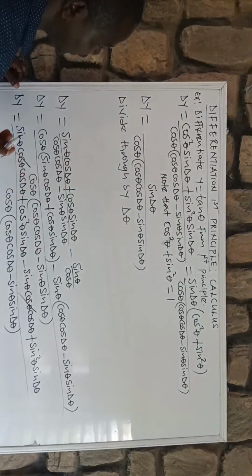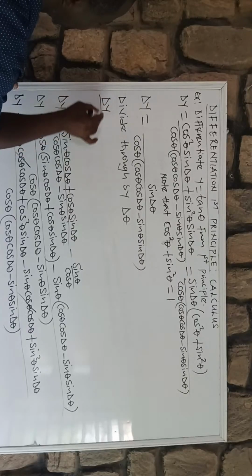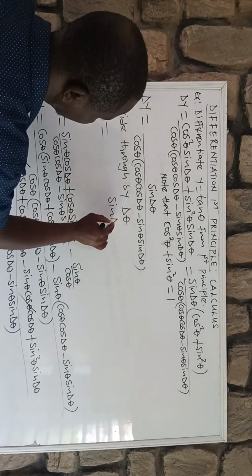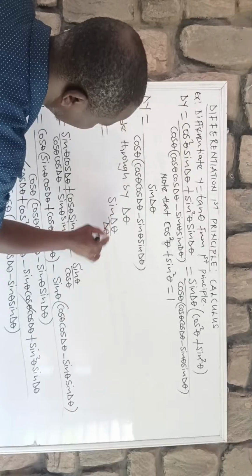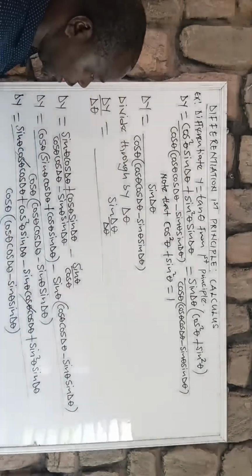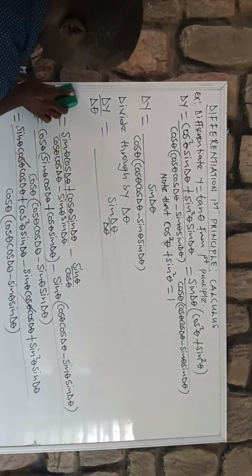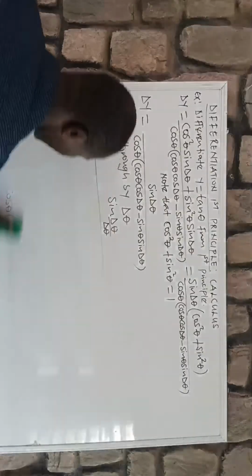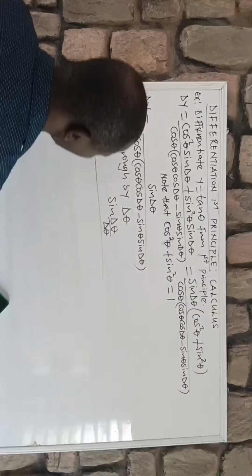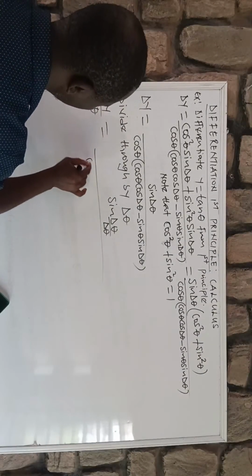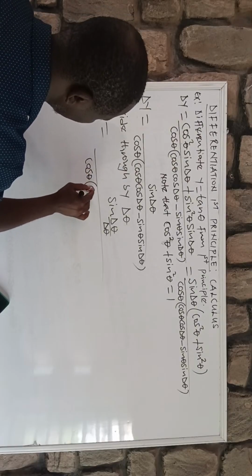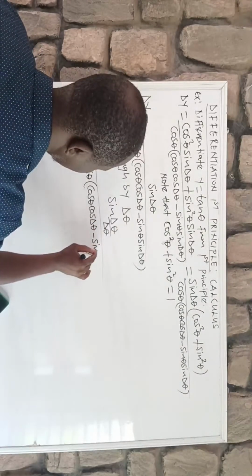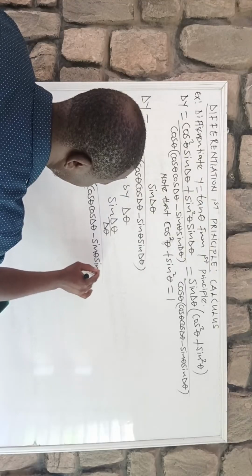So if we divide through by the theta, the left hand side will be dy all over the theta equals sin theta all over the theta, then all over cos theta open bracket cos theta cos the theta minus sin theta sin the theta.